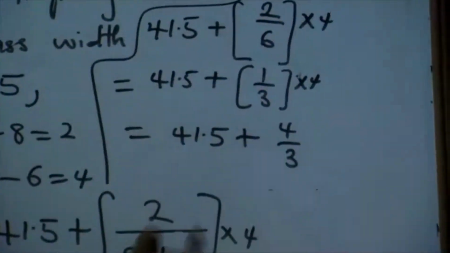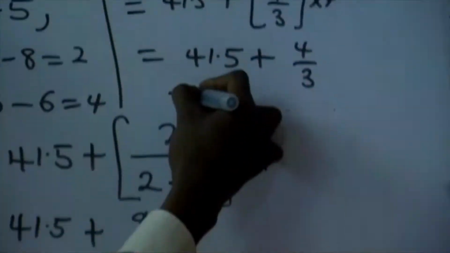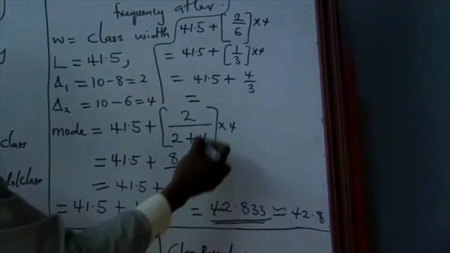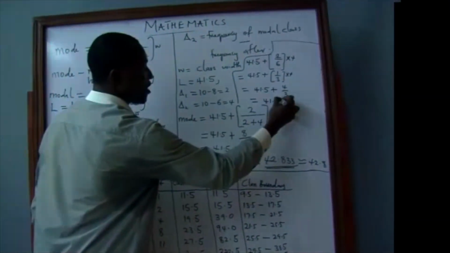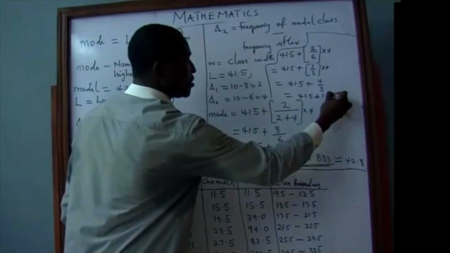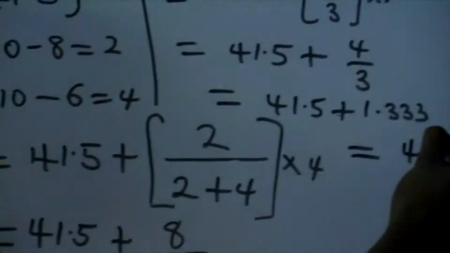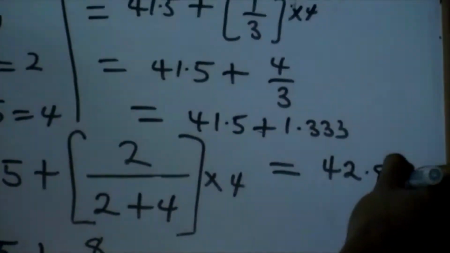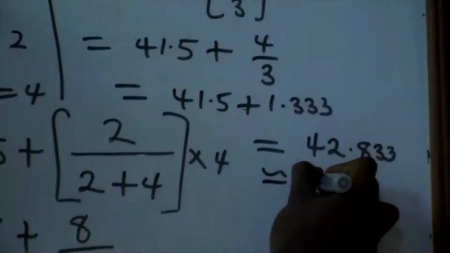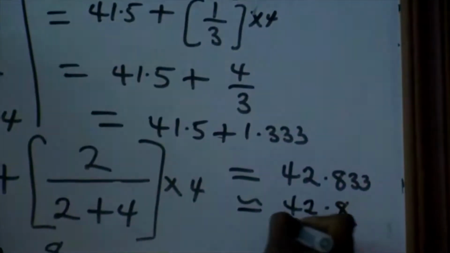So 4 over 3, just like we obtained here, is still 1.333. So that's 41.5 plus 1.333, which equals 42.833, and approximately we have 42.8 as the mode.